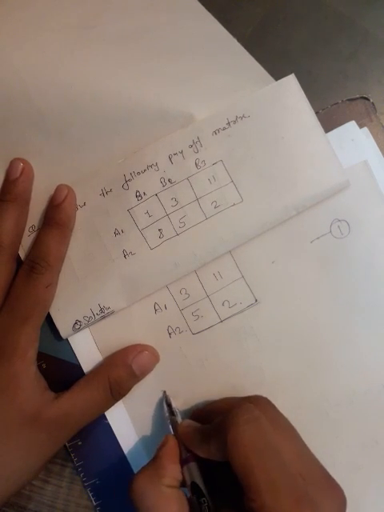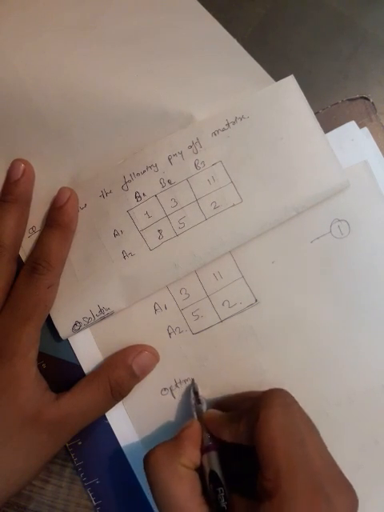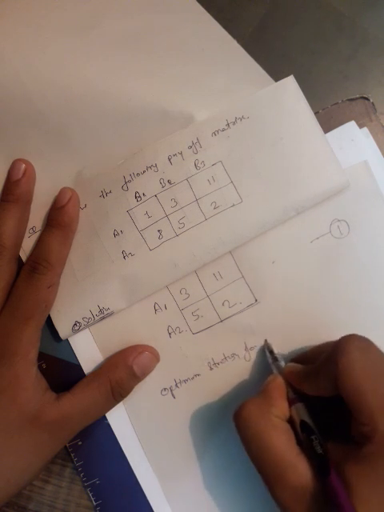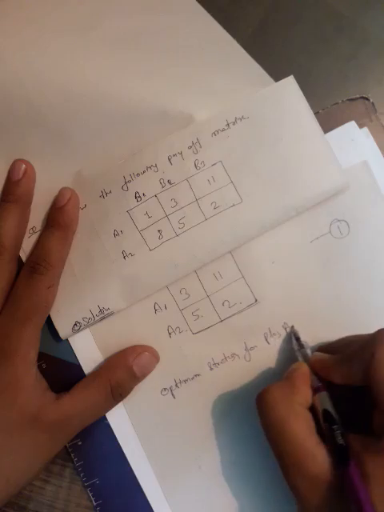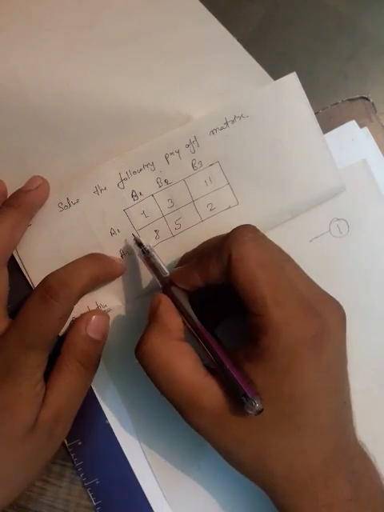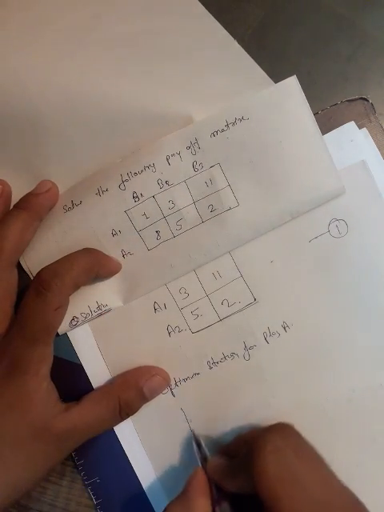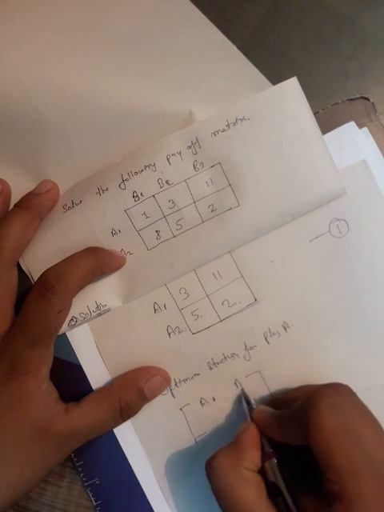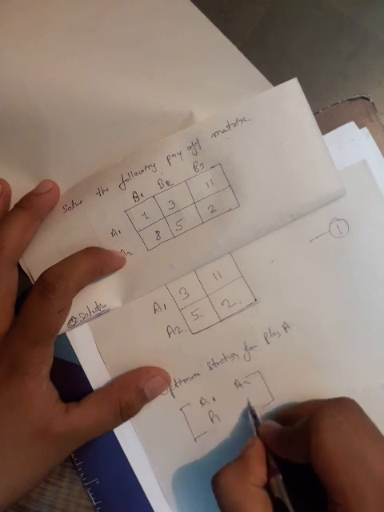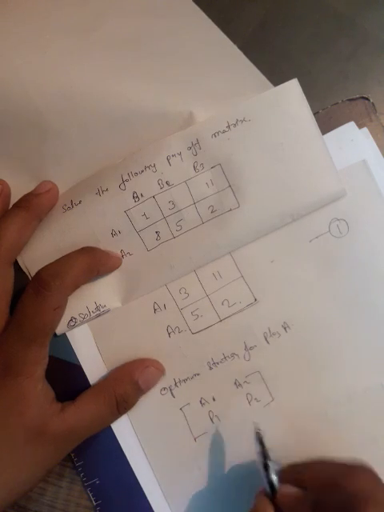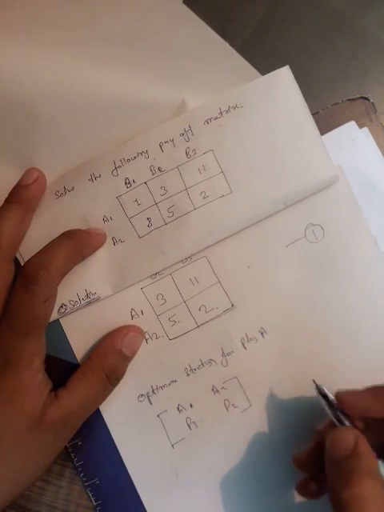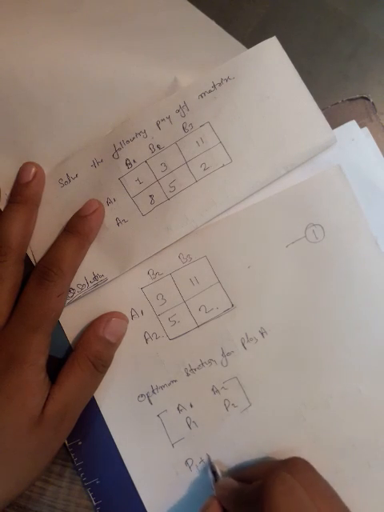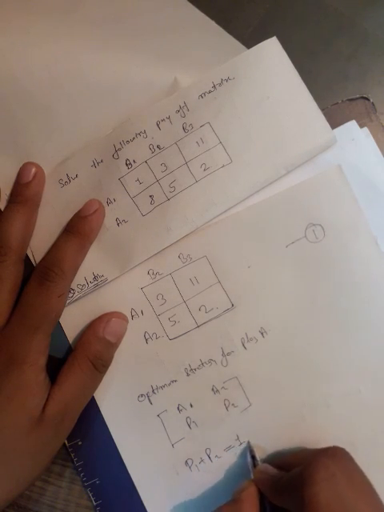So the optimum strategy for player A is A1 and A2, so P1 and P2 is the optimum strategy, and P1 plus P2 must be equal to 1.